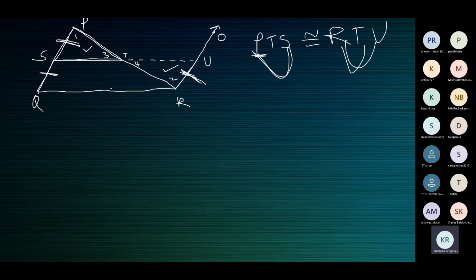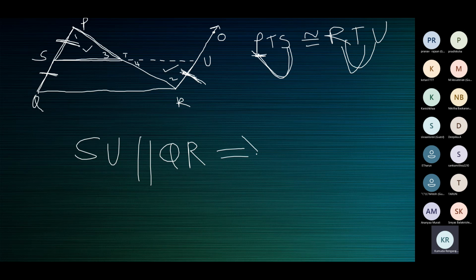So now in the quadrilateral, one pair of opposite sides, QS and RU, is parallel and equal to each other. So QSUR is a parallelogram. Now that it is a parallelogram, the other pair of opposite sides, SU and QR, will be parallel to each other.